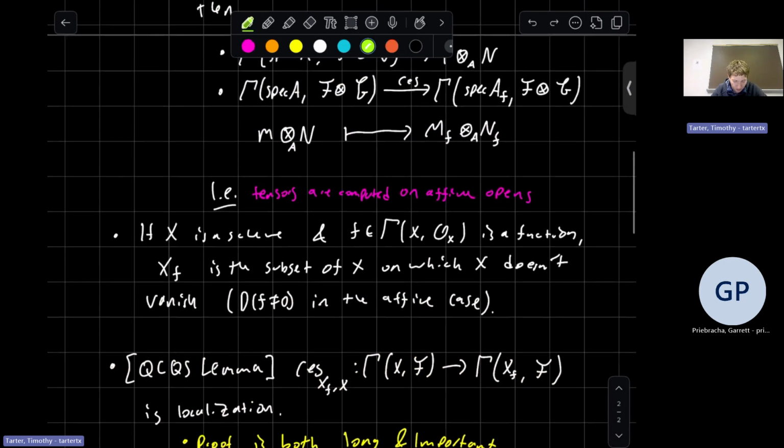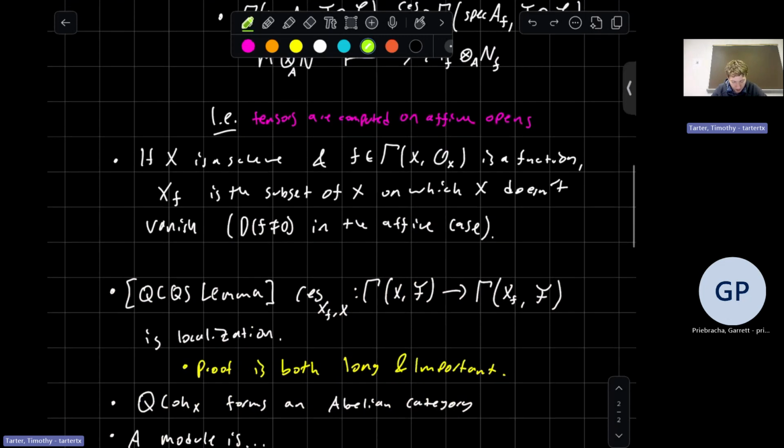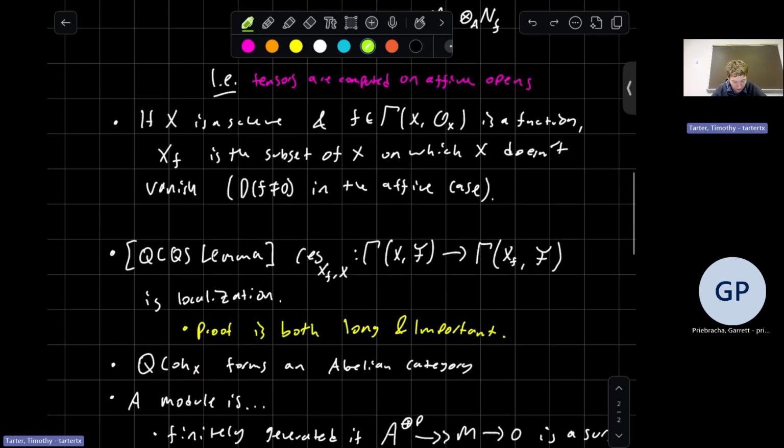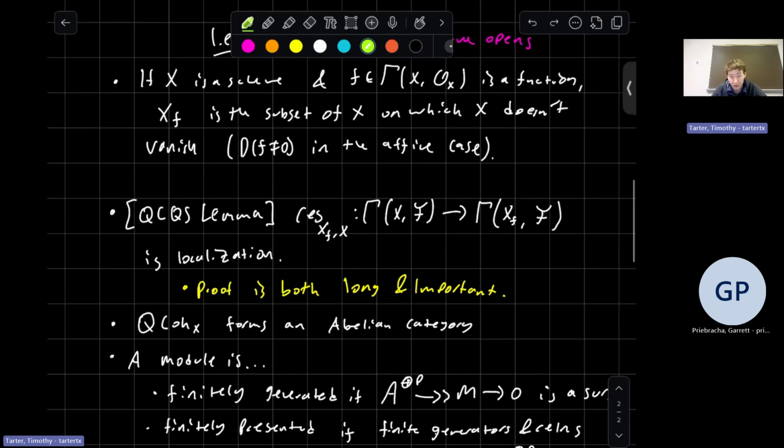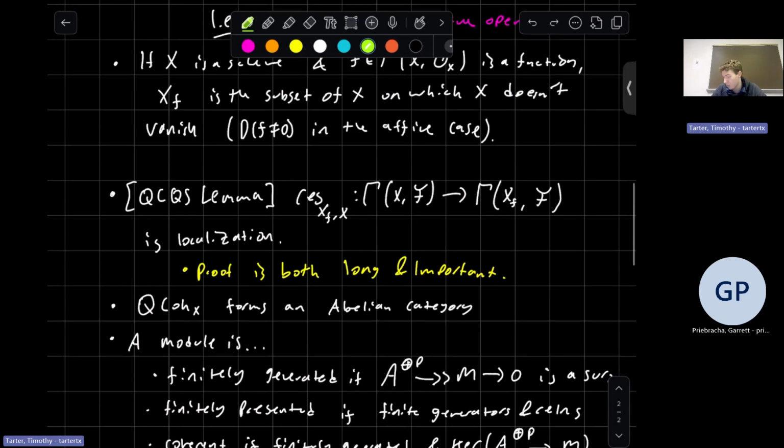So earlier I said that restriction looks like localization. That's the QCQS lemma, and this is a very important proof. If you're watching this and working along with us, there's an exact sequence that's given. I don't know the name of the exact sequence, but it's given in the problem in Vakil as a hint.